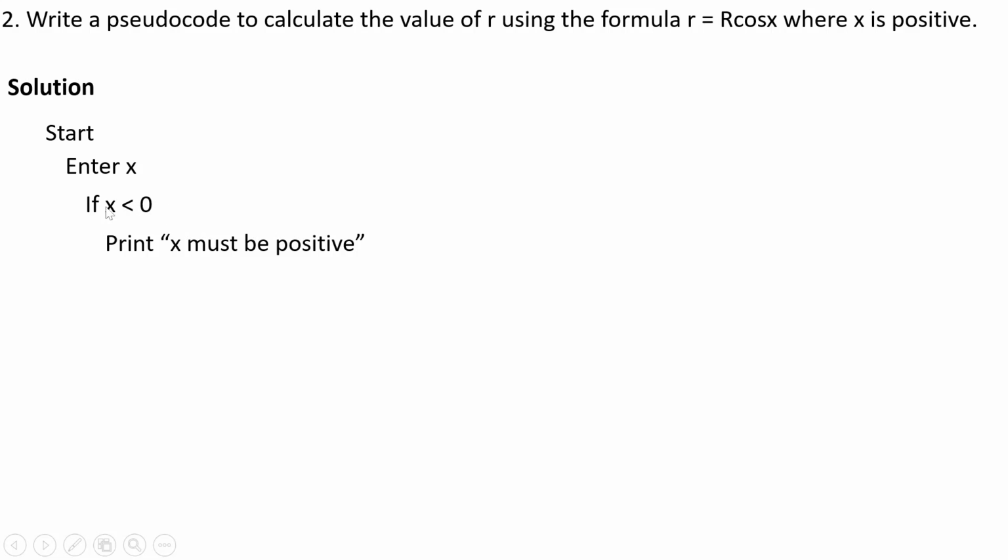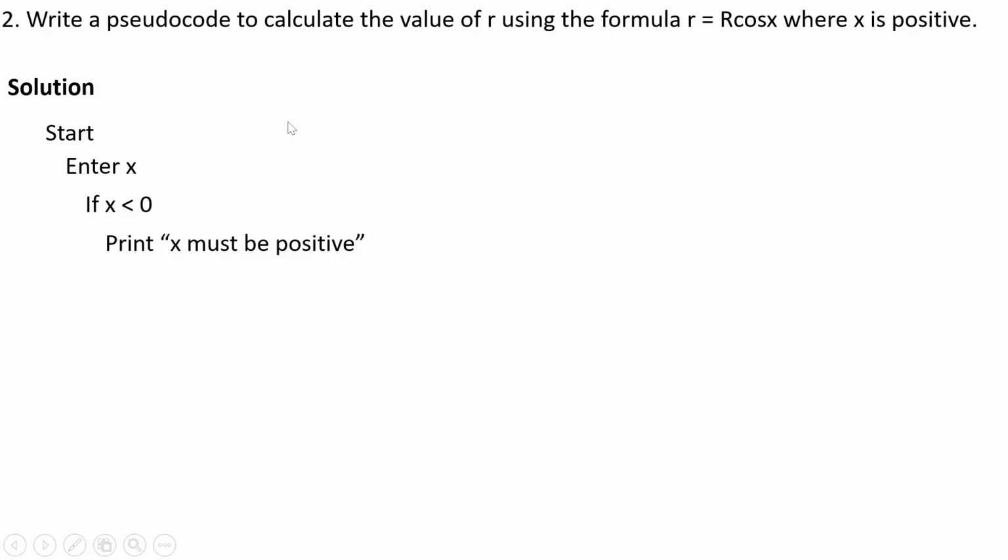Those numbers which are below 0 are negative. So the calculation won't work of finding what? R, because if x is going to be less than 0, then it will be negative. Then the calculation to find R won't be done.